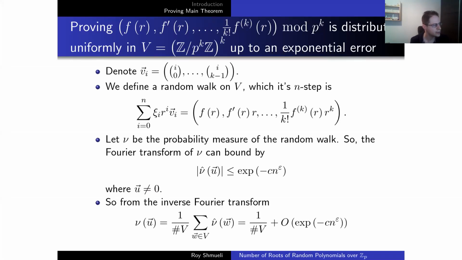Using the inverse Fourier transform, it gives me that, because it's a probability measure, for the zero vector the Fourier transform is 1, and I have the main term, which shows it's uniform, and the other vectors I can bound by this bound I found before, and this gives me that this vector modulo p to the power of k is distributed uniformly in V.